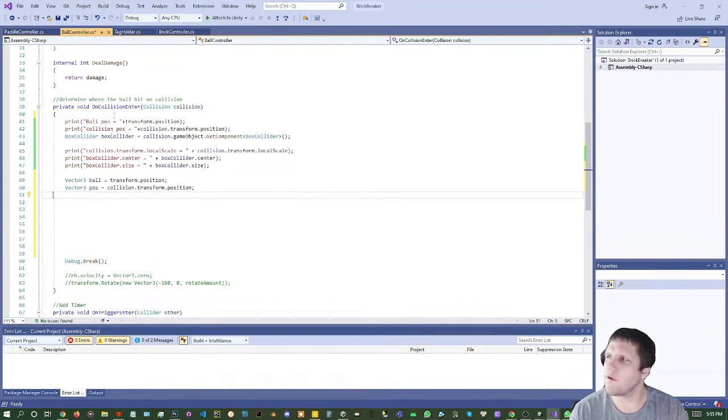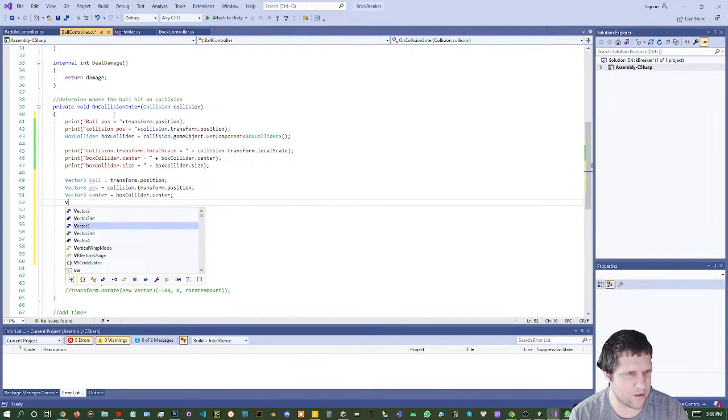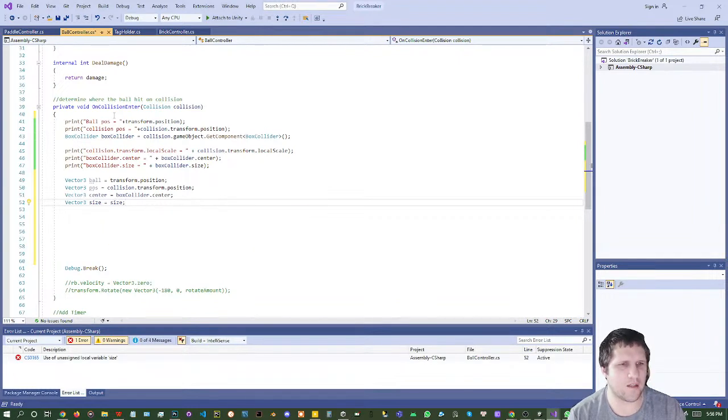Okay, so we have the position, we have the ball. We want the center, we want the size. So let's say vector 3 center equals our box collider dot center, and the vector 3 size equals the size. We also want the scale.